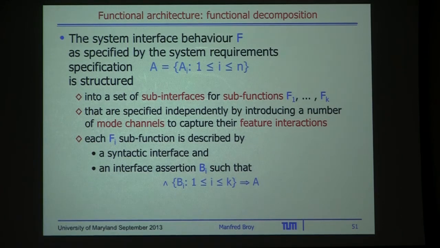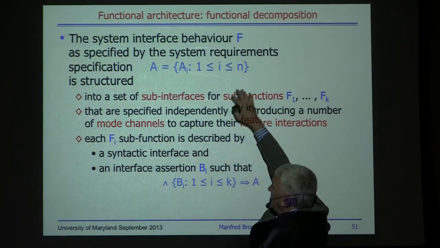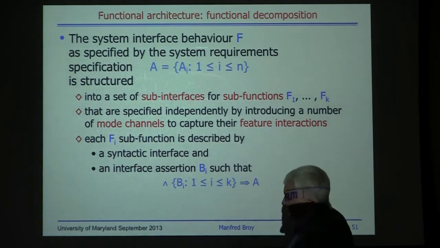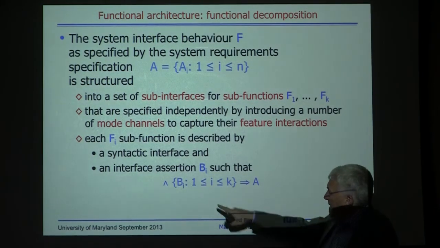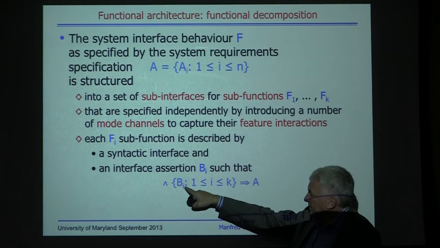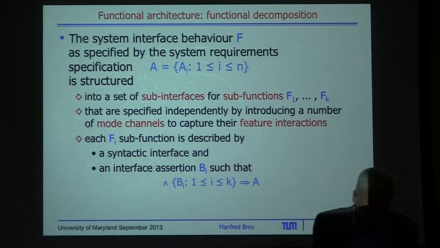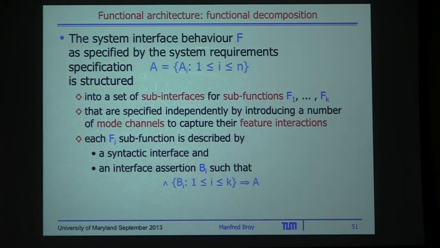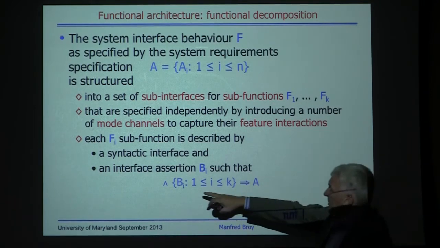Now we can specify a system from 3 points of view. Requirements, which are just a collection of logical statements about a system. A functional decomposition, where we introduce a number of predicates describing functions. And since we have this wonderful way of putting systems together, we put these properties together only by a logical and.